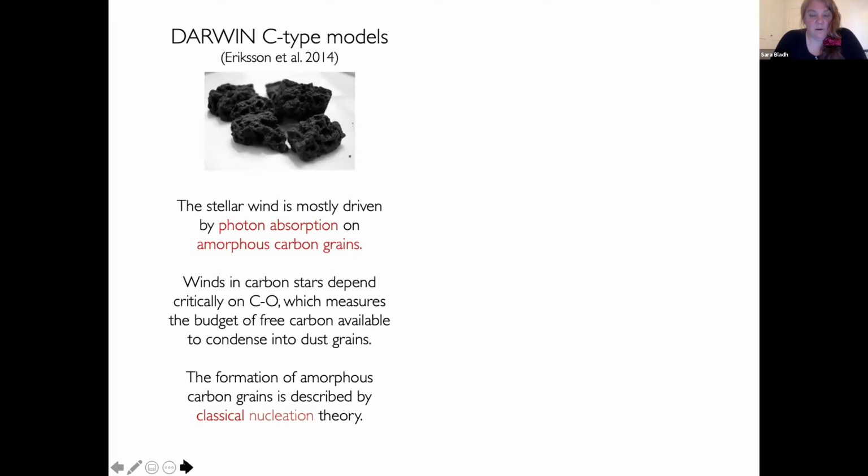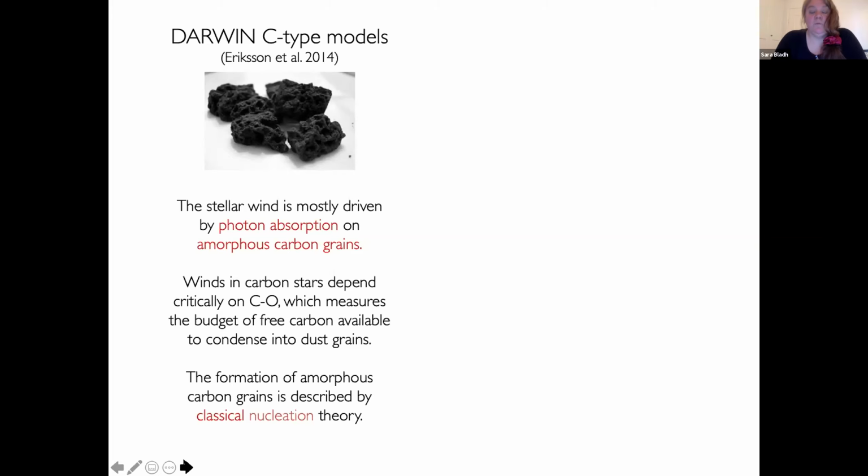I call this carbon excess. So the carbon that is available for dust formation. So most carbon is locked in the CO molecule, but whatever is left over, carbon that is found in C2H2, C2H, C2, is available for dust formation.